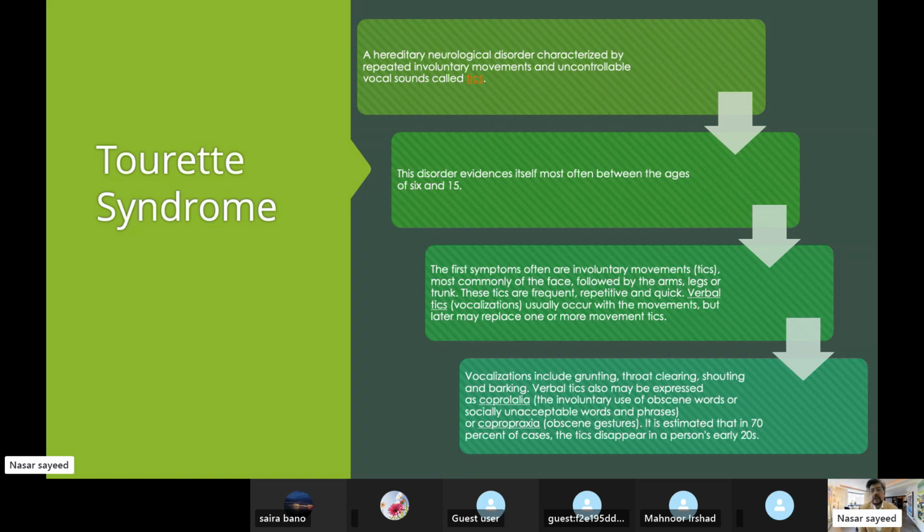Lots of people swear, but the swearing in Tourette syndrome is long-lasting. Even today, I saw a patient and he swore a lot. He used abusive language to people walking on the road, in conversations, in the office, at work, at home. And the patient said, in this I have mastered it, that I use dirty abuses.